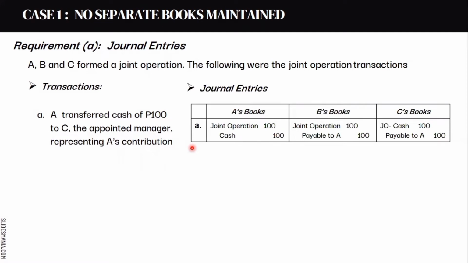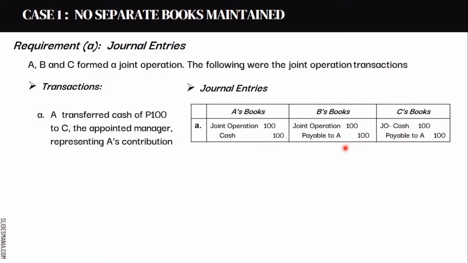Pero pagdating sa libro ni C, nag-debit siya ng JO cash kasi C is the appointed manager and cash is not a merchandise. Recall lang po natin that the manager can record any asset other than merchandise using regular accounts but labeled as JO. Kaya po nakadebit ang JO cash. Sa libro ni A, credit cash. Sa libro ni B at ni C, credit payable to A.